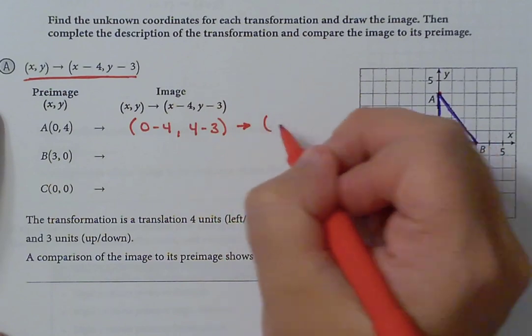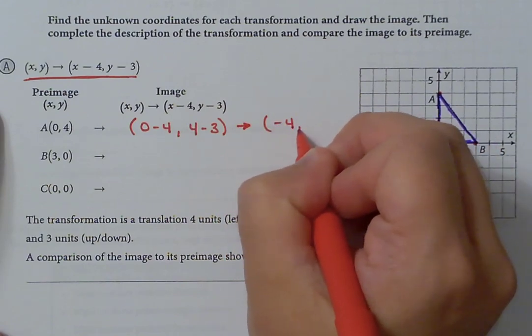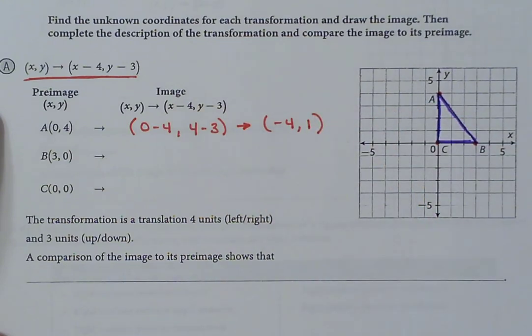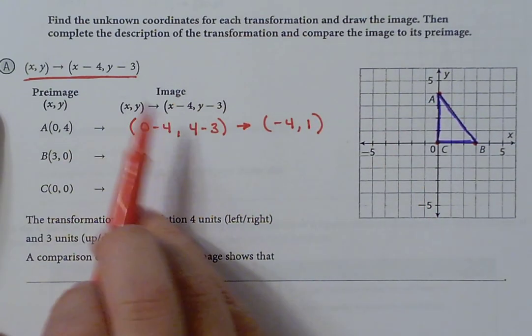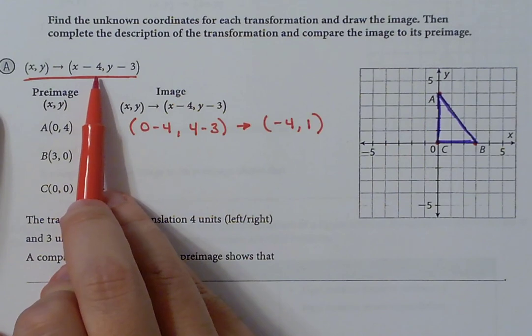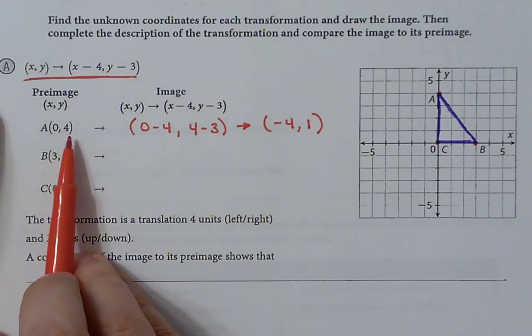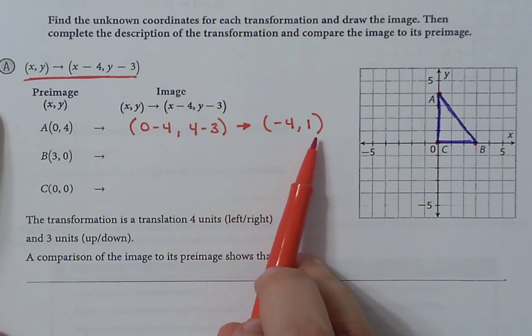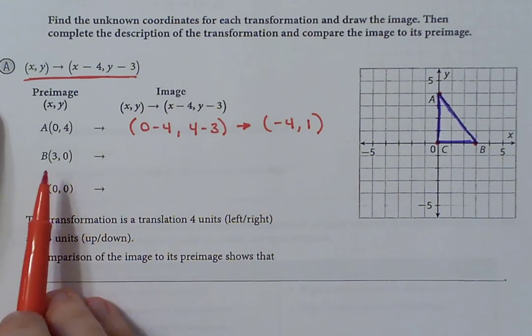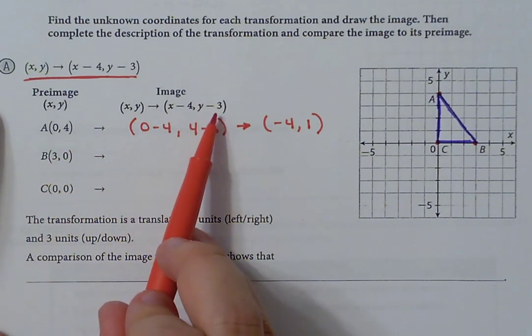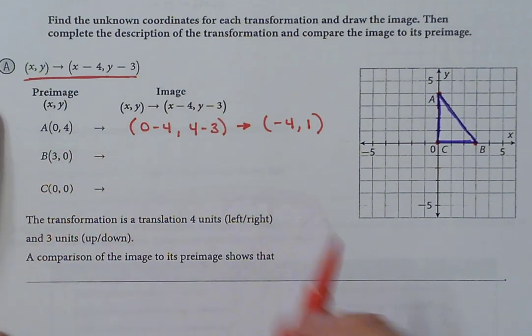So 0 minus 4 is going to be negative 4, and 4 minus 3 is going to be 1. So using coordinate notation of x minus 4, y minus 3, it moves the point 0, 4 to negative 4, 1. And you're going to do that for each of the points, where you subtract 4 from the x's and subtract 3 from all the y's.